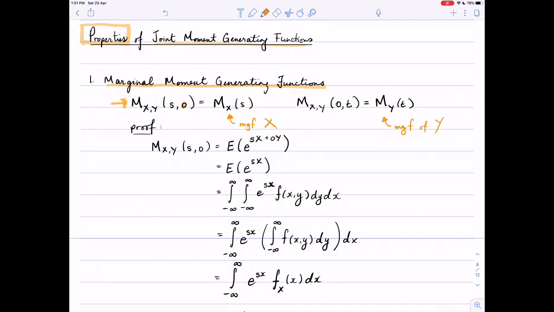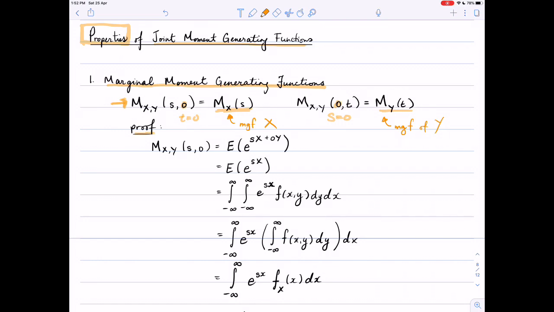So if I plug in 0 for t, and t was the coefficient attached to y, then I get the marginal MGF for x. Same thing here, if I plug in s is equal to 0, that s was the coefficient attached to x, and that ends up giving me the marginal moment generating function for y.